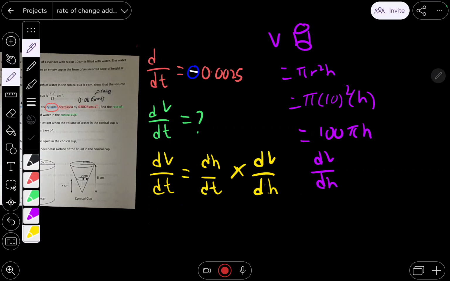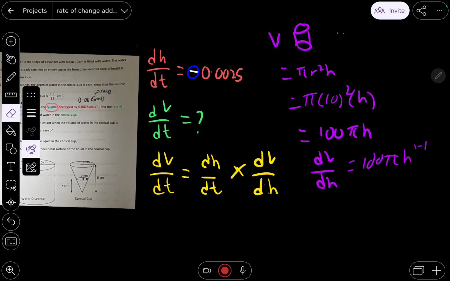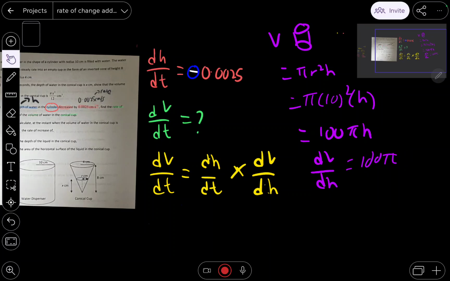So dV/dh. Power rule. Power number comes down, power number minus 1. So 100 pi h to the power 1 minus 1. h to the power 0 is 1. So 100 pi times 1, 100 pi.